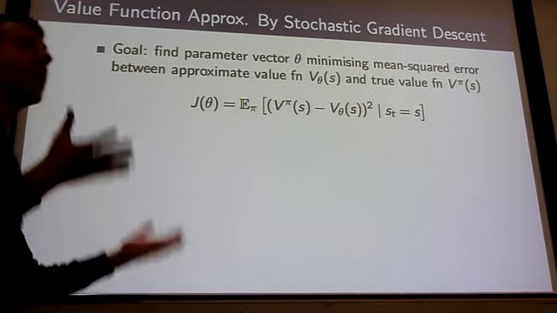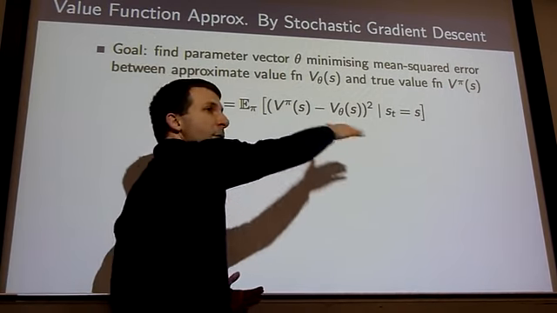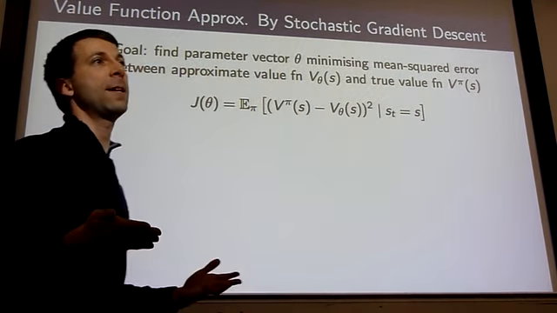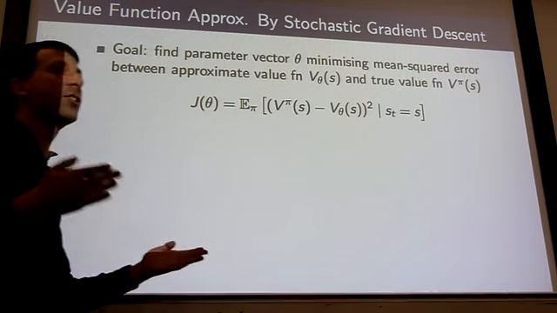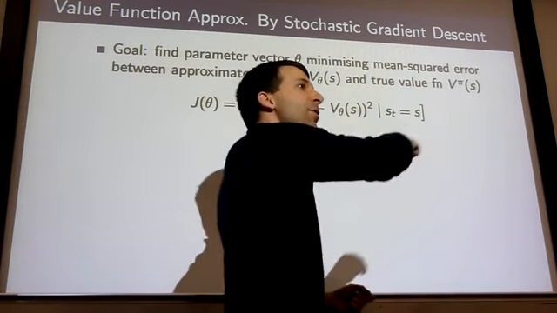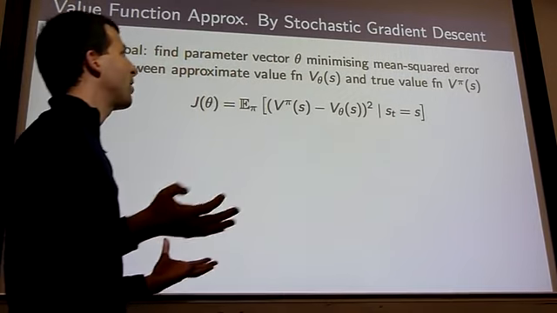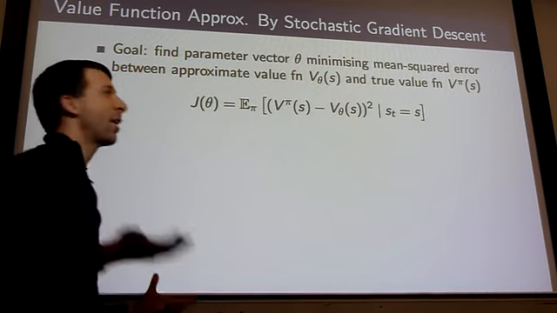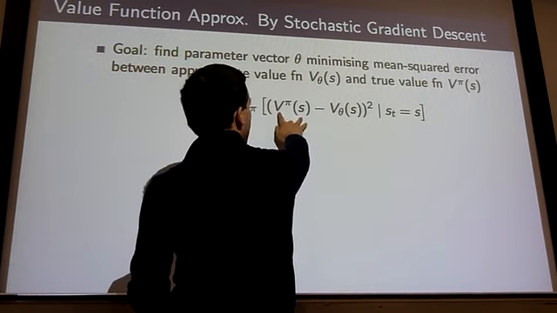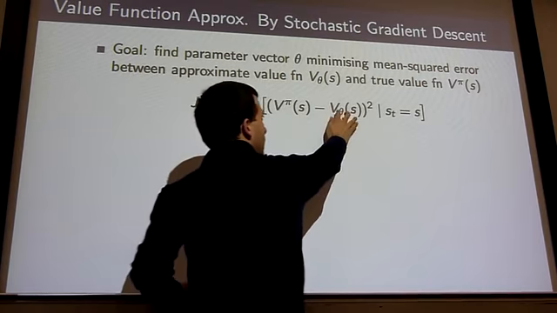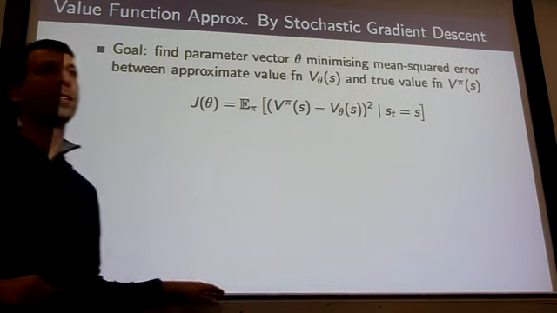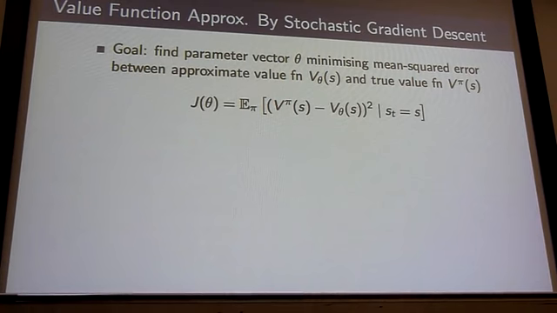And we take the expectation over all the states that we're actually going to visit by following this policy. So the expectation says we're going to follow some particular path through the state space. We want to know, on average, what the squared error is between our true value function and our estimate of the value function. So that's the objective which we're going to try and optimize, the mean squared error between the true value function and our function approximator.